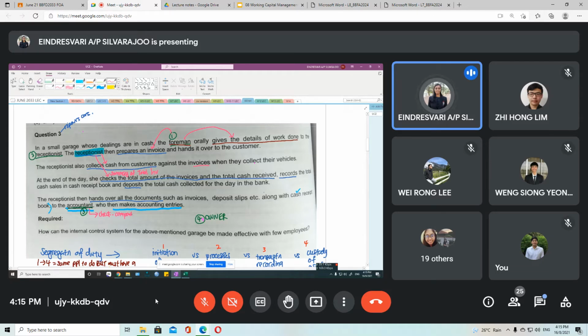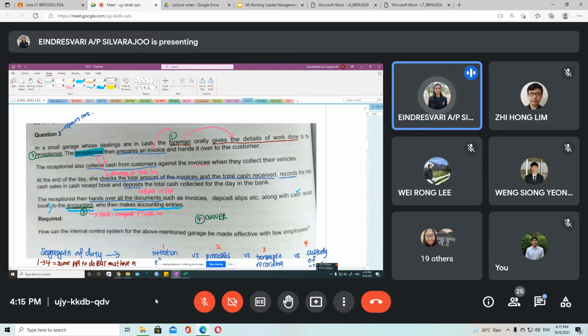So the accountant needs to compare the total cash banked in. Because when the person banks in, the bank will issue a bank in slip, correct? If you put in the ATM machine or the counter, a bank in slip is issued.